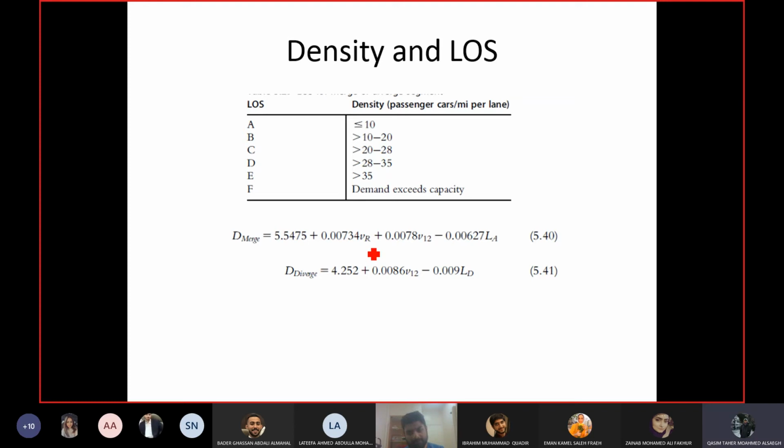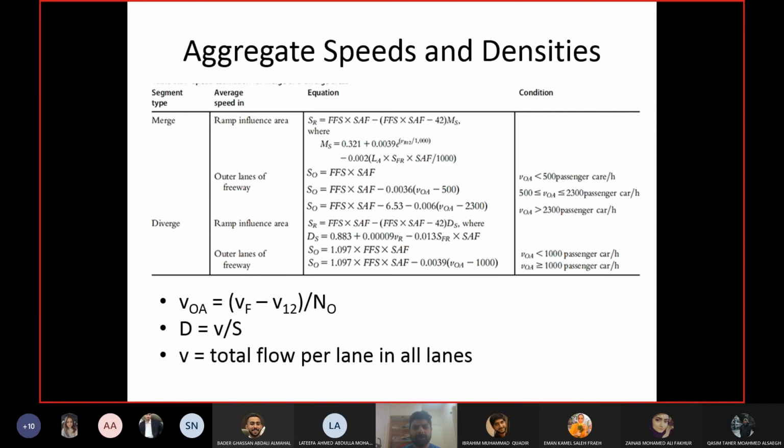Length of acceleration lane. What is LD? Length of the deceleration lane. Because for the diverge area, it must be the deceleration lane. So according to your area, you will calculate the density, and these are the ranges for density that define the level of service.